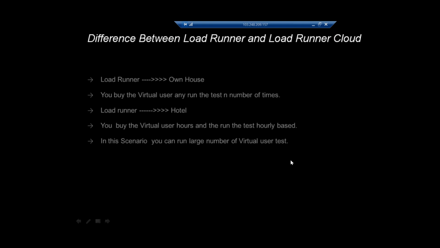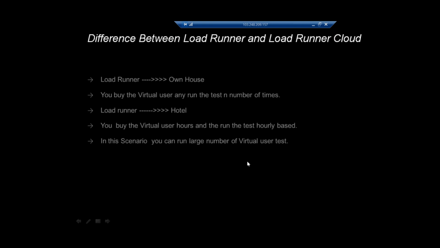But basically the difference is that in LoadRunner, if there is a scenario where you have to conduct a test for more than 5 lakhs or 10 lakhs users in an application, you can't buy lifetime users, and the test has to be conducted only once or twice.